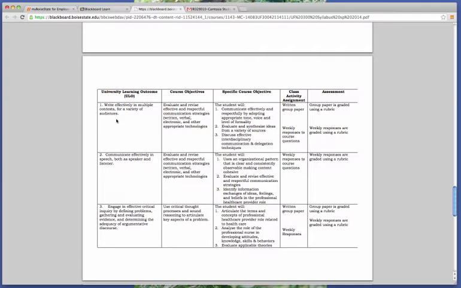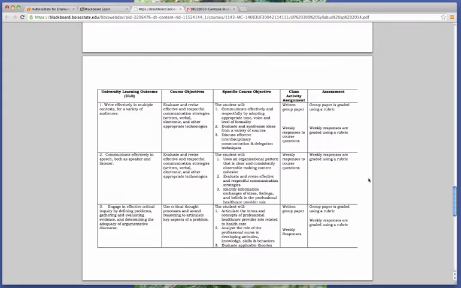They're met in various ways, but the goals of this class, from the university standpoint, are that at the end of this course, you have been able to write effectively in multiple contexts for a variety of audiences. This primarily is going to be done through this group paper and your weekly responses to questions. Number 2, you'll see here, is communicate effectively in speech, both as a speaker and a listener. So that's why we have you read other people's work and respond to those.